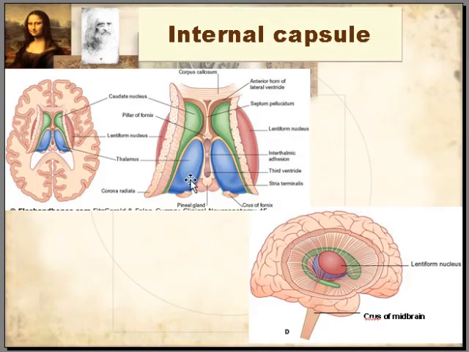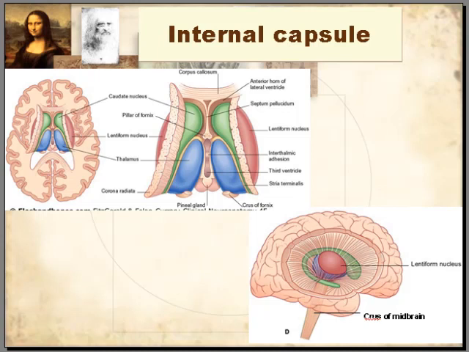And then, of course, for the internal capsule, again, know the different parts of the internal capsule and how it is related to the nuclei. For example, the lentiform is lateral to the nuclei, the caudate and thalamus are medial. Know the different parts of the internal capsule. And then also the blood supply of the internal capsule is important.